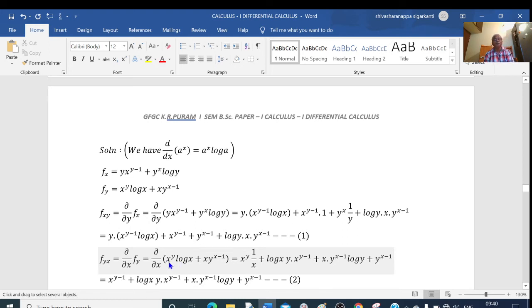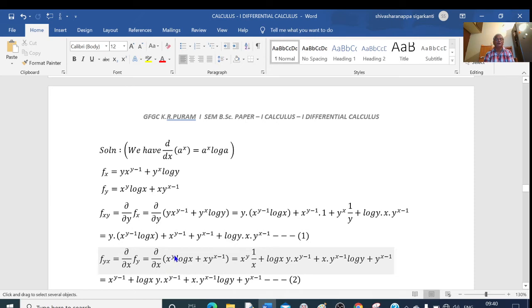We are differentiating with respect to x, both consisting of x, we have to apply the product rule. First function x to the power of y into derivative of log x is 1 by x plus second function log x, derivative of x to the power of y.